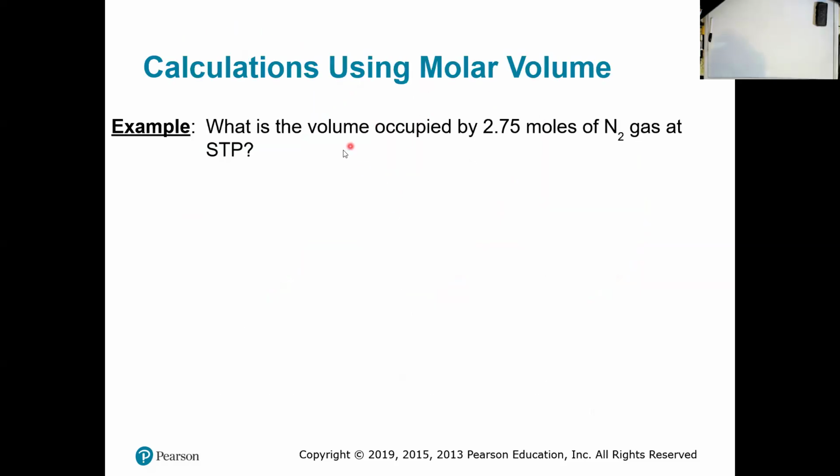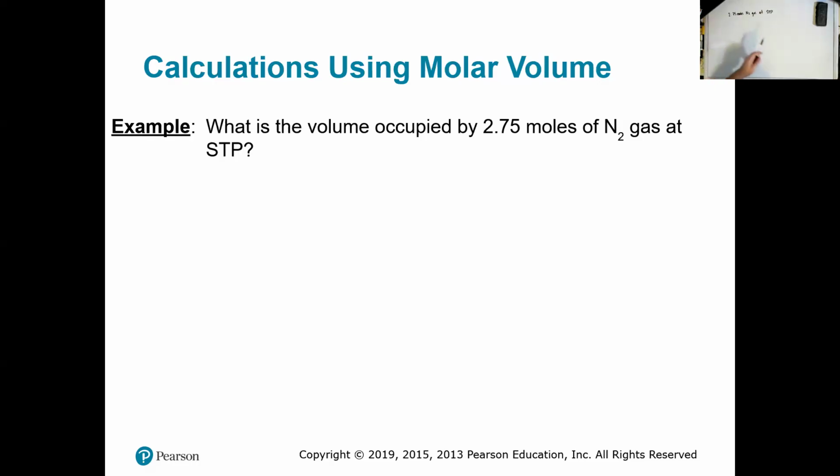All right, so we have a couple of examples to look at. First one: what is the volume occupied by 2.75 moles of nitrogen gas at standard temperature and pressure? Let's look at how we organize this.